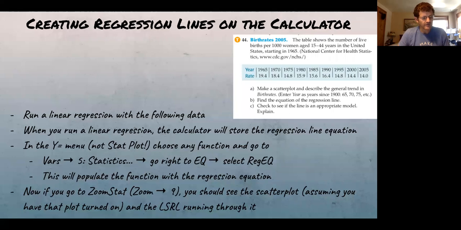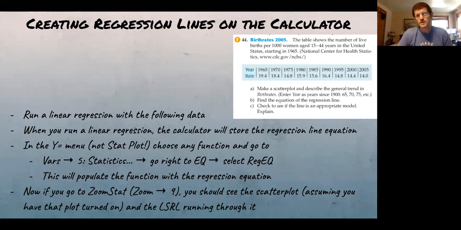Now, if you have the scatter plot turned on and you have this function, you can just do zoom 9, and not only will you see the scatter plot of the data, but you're going to see the regression line running through it. Okay, so hopefully you're seeing that.